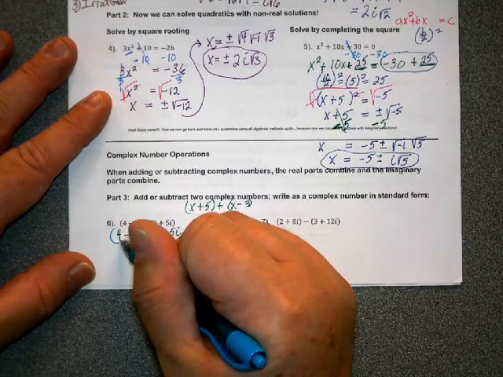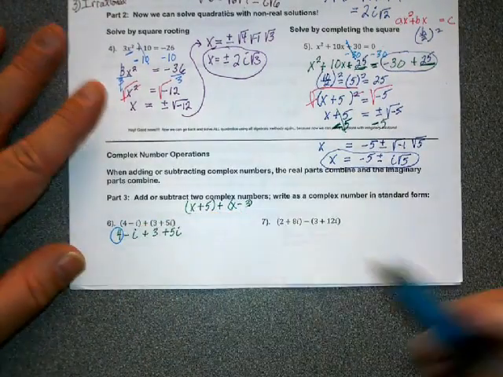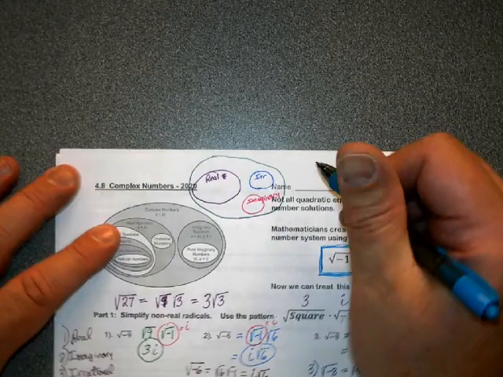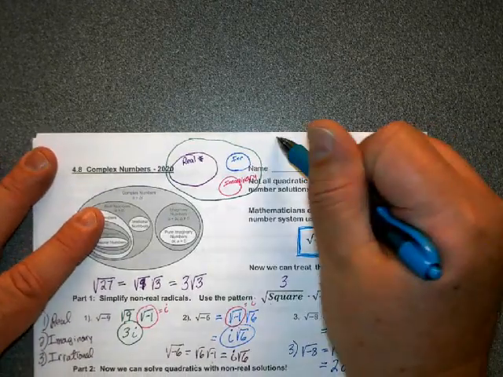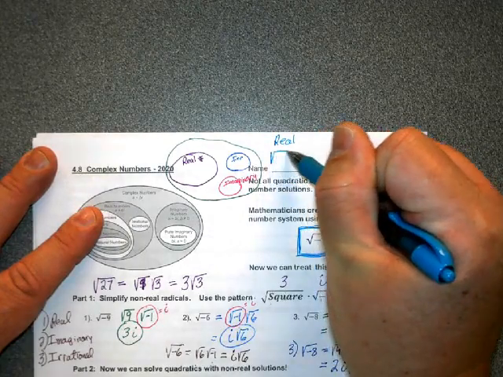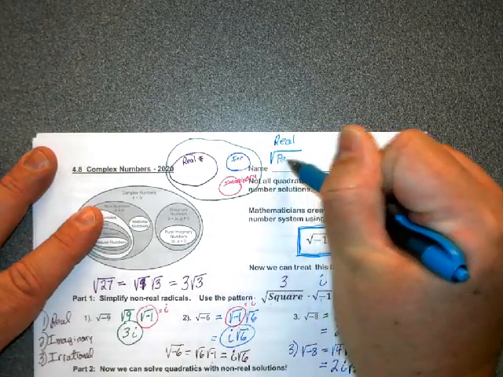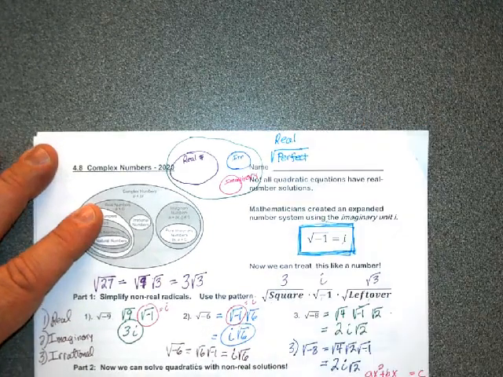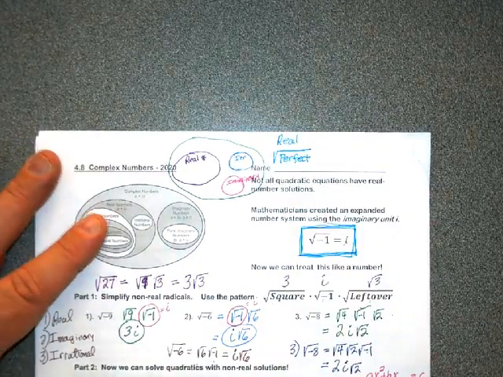So here I have 4 and my 3. Remember the order. I'm going to rewrite it. My first one was real numbers or the perfect square. And then I put my plus or minus in there.